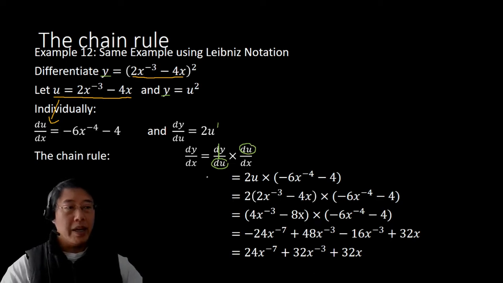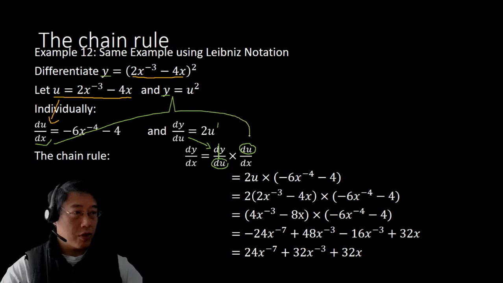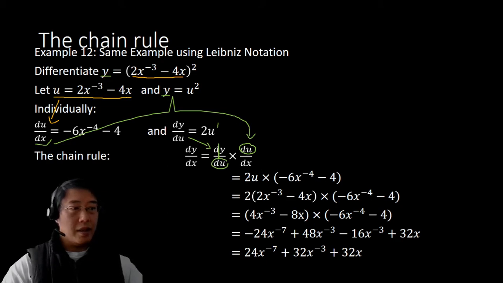The dy over du we already calculated here, and the second term, du over dx, is coming from over here. So the left hand side, dy over du is 2u, times that expression here, negative 6x to the power of negative 4 minus 4.